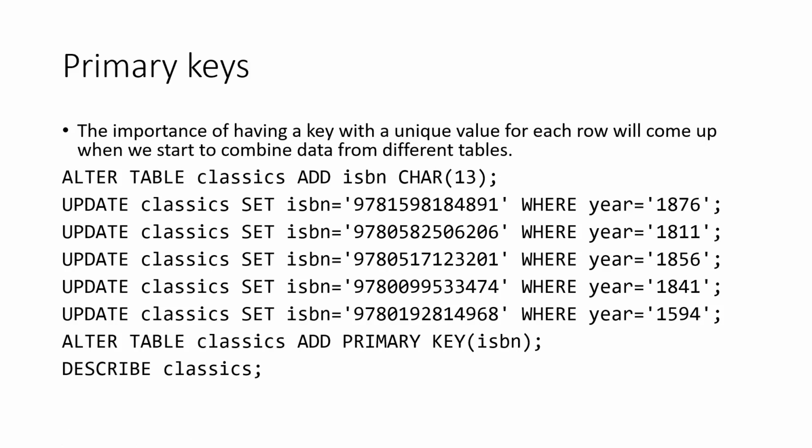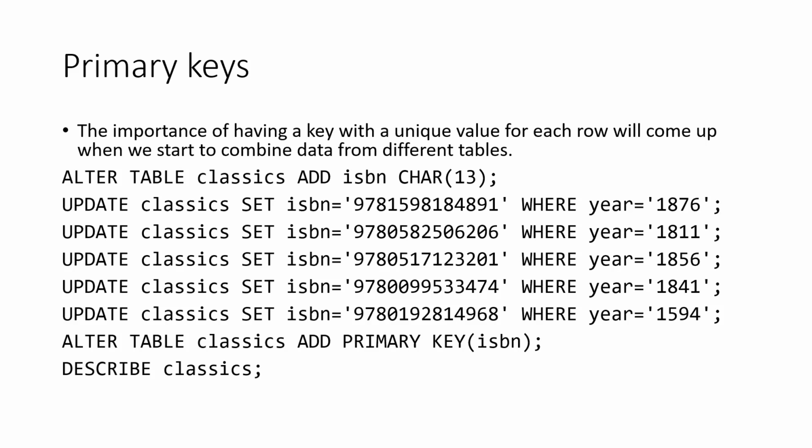Right. Now, having a unique key for each row is important. In this particular case, we are adding a new attribute called ISBN with the size of 13 characters. And we update all the records. And then we add it as a primary key.